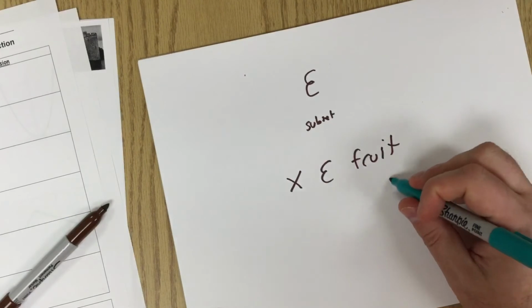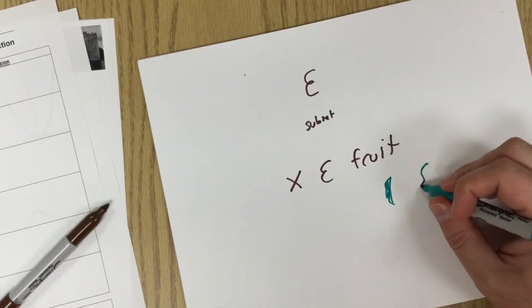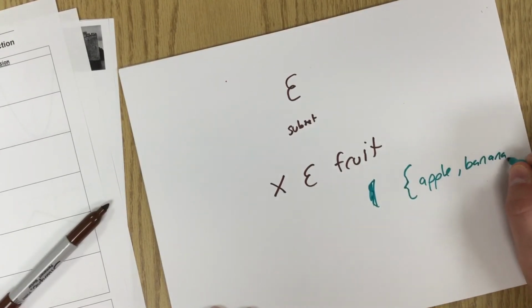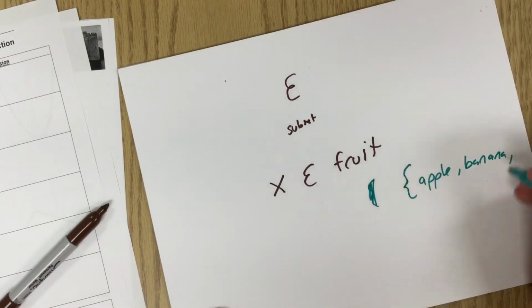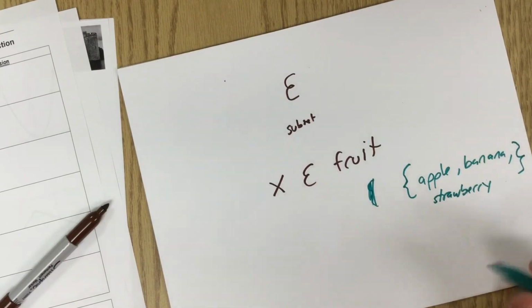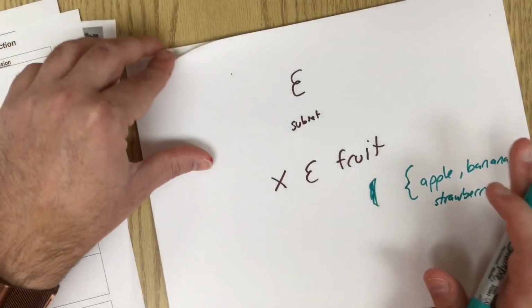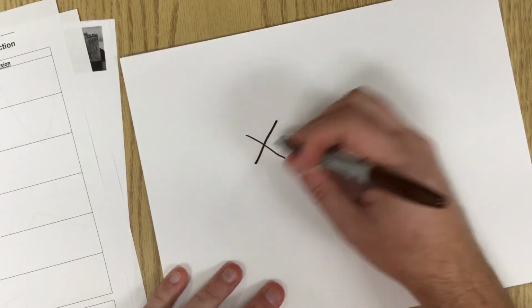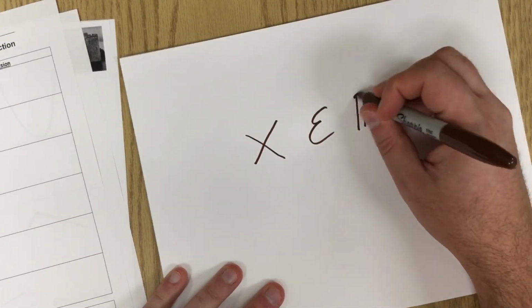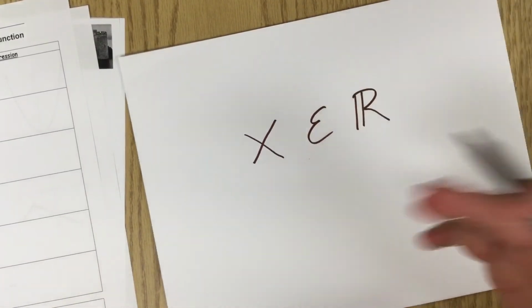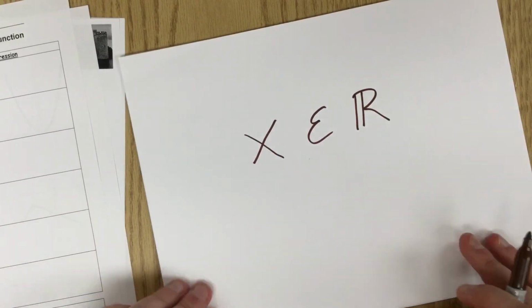So x might be apple, banana, strawberry, etc. And that would be the set of things that are fruits. So where am I going? Putting that all together, if I say x epsilon R, I'm saying that the variable x is part of the real numbers, which essentially says that x could be any number possible.